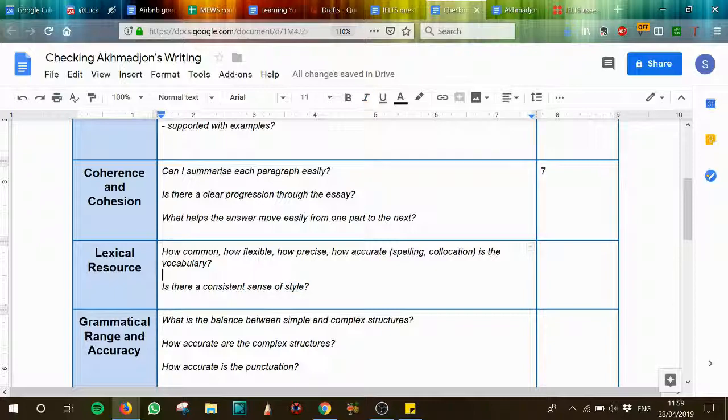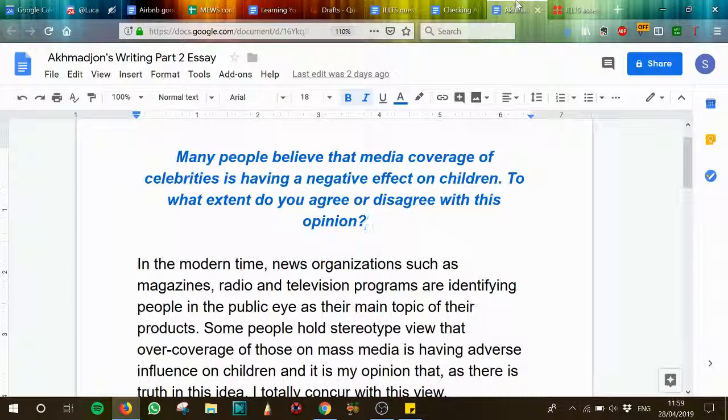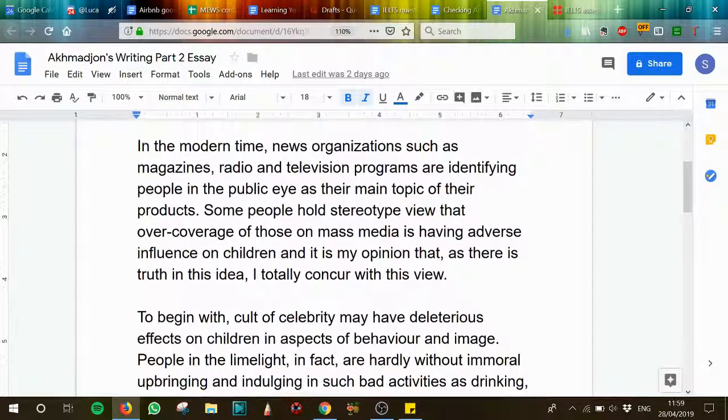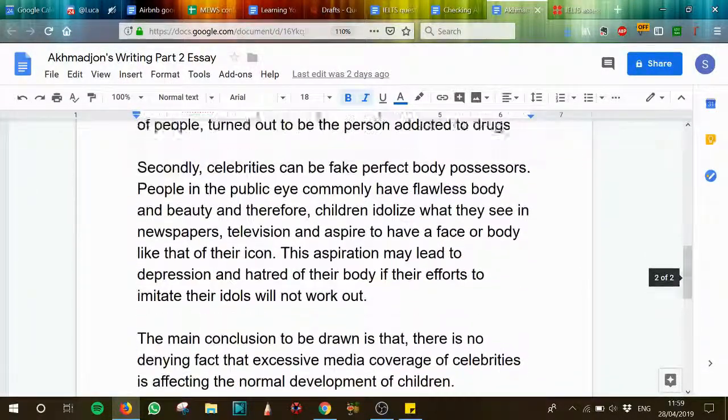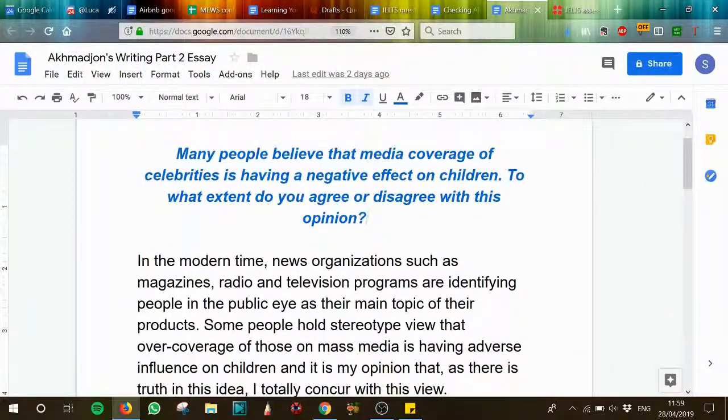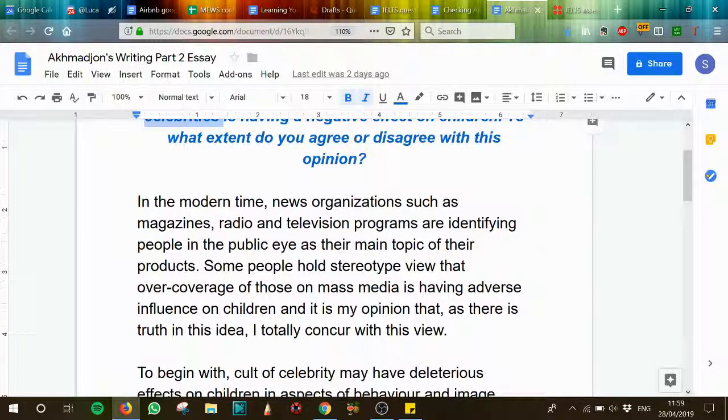So I think that in general, the vocabulary in Akmajon's essay is really good, and it's a really strong part of his writing. Let's have a look at just one example of that. Let's have a look at the vocabulary Akmajon uses to talk about celebrities. He has lots and lots of different alternatives here. So he has people in the public eye.